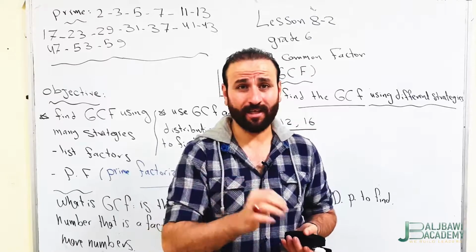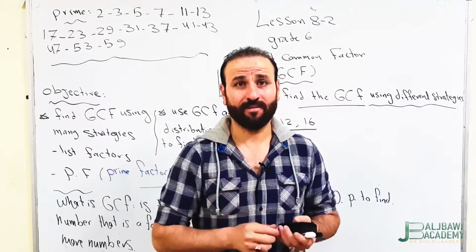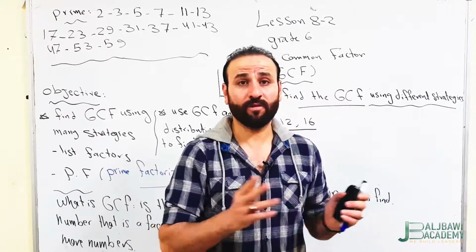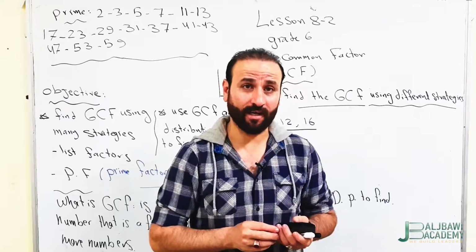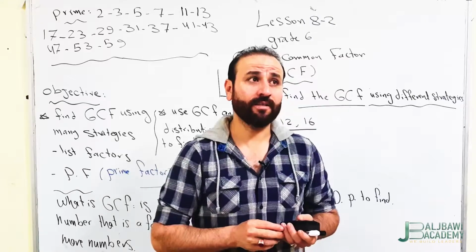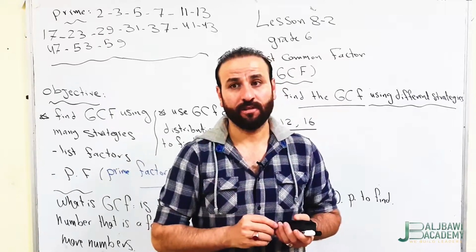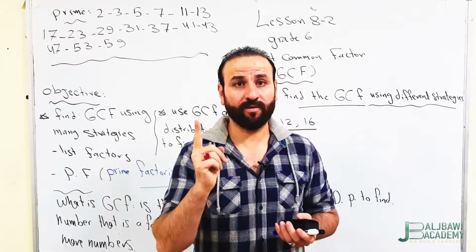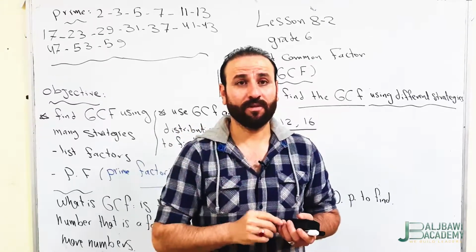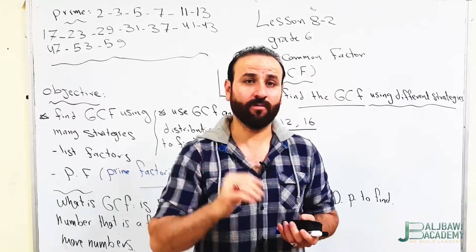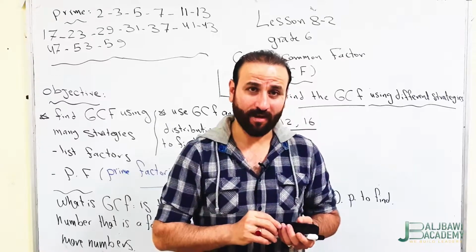So the first thing I think about is 5. 5 is a common factor of these two numbers, 10 and 15. They have only one other common factor, which is 1, but the greatest common factor is 5.